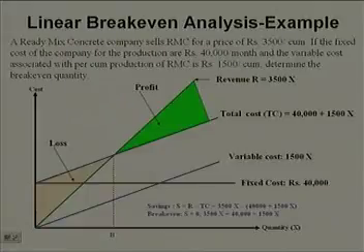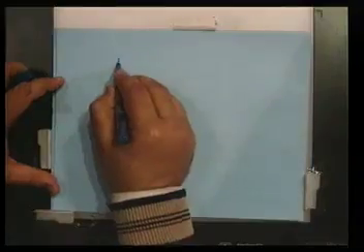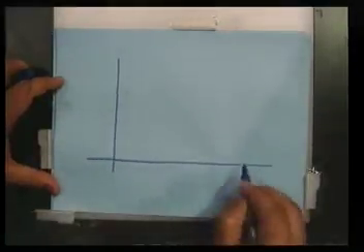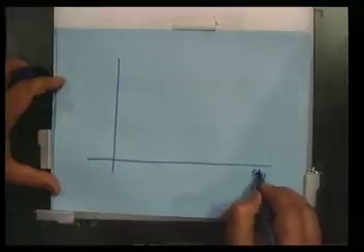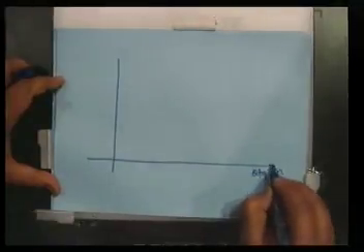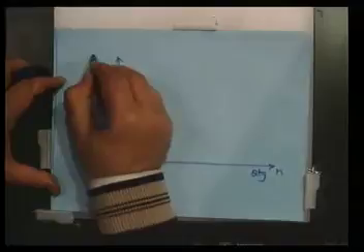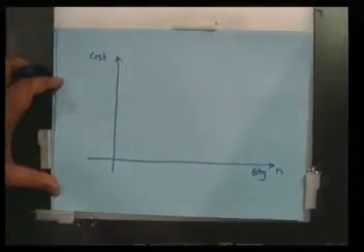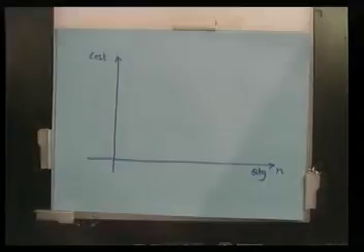If you try to plot it here, it will look something like this. On x axis I have got quantity, let us say this is n, and here I am having costs. Now, first I draw the indirect cost line.